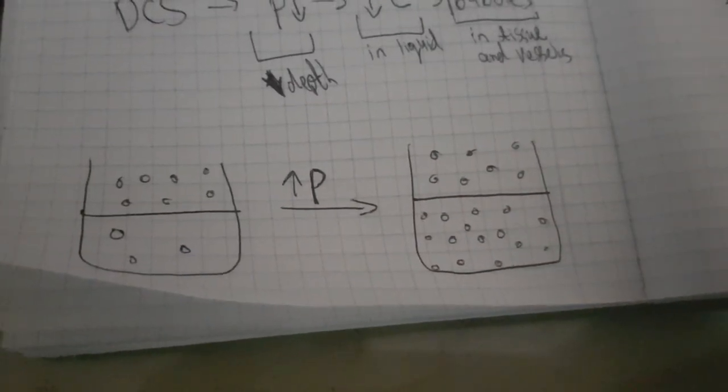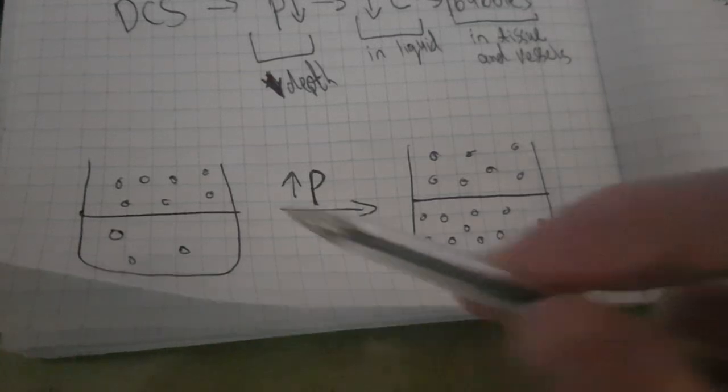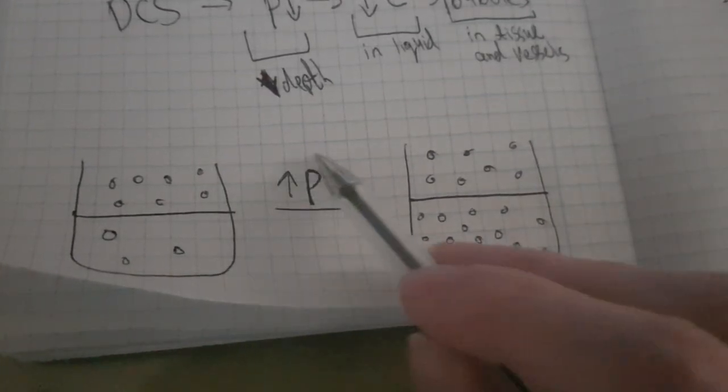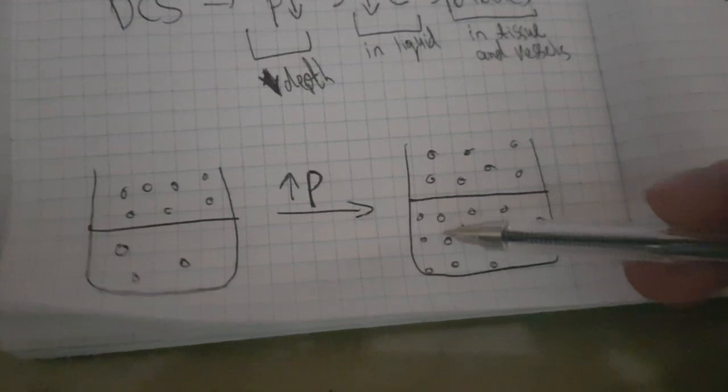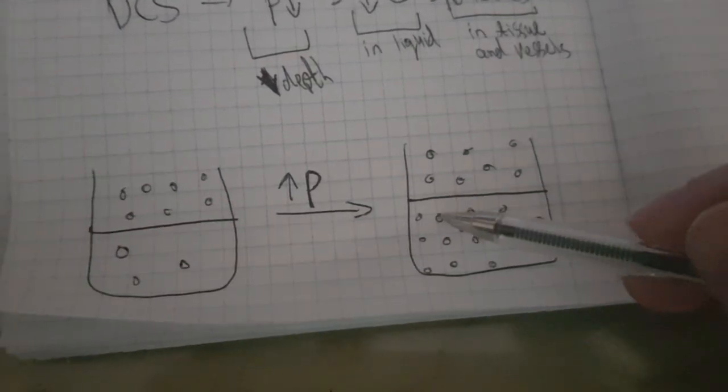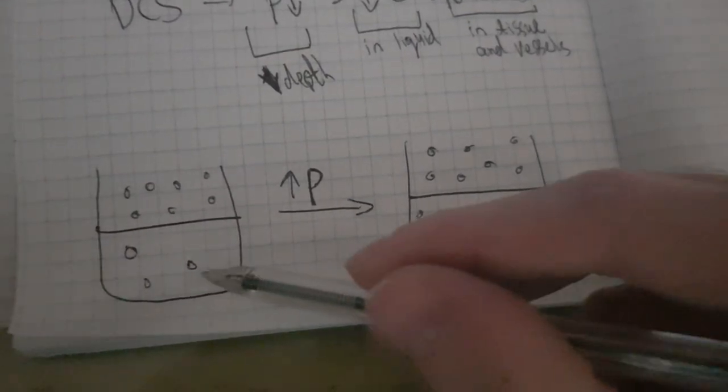And this may be very problematic, for example, in diving. When the divers dive, the pressure increases because when you dive, you increase the pressure. So more gas, for example, nitrogen, is dissolved in their tissues. But when the divers ascend, the pressure decreases.